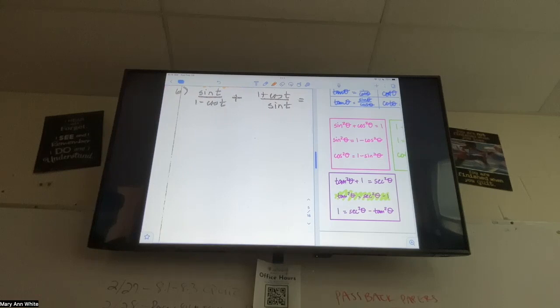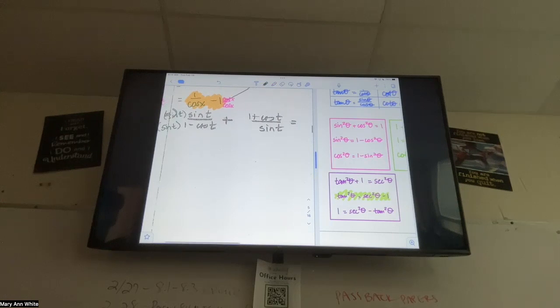What do we want first? Let's get some common denominators because we want that to all be one big fraction, right? I think the easiest way is to multiply by what you see as the opposite denominator. So I'm gonna multiply the first fraction by sine. You can make it sine x if you don't like sine t, it doesn't really matter, it's just a variable.